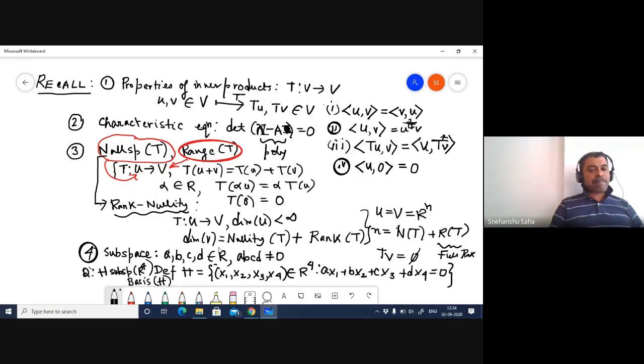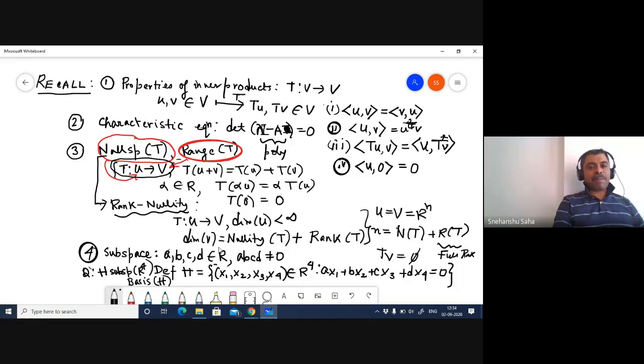Okay, let me ask you another question. Let's look at this particular linear transformation over here. I'm assuming that the dimensionalities of U and V are different from each other, and that both are finite dimensional.